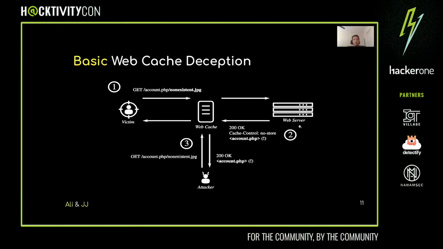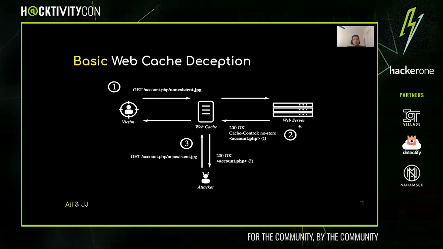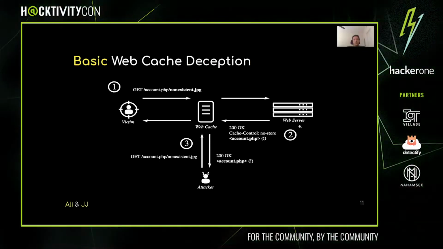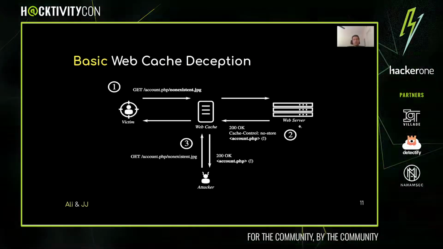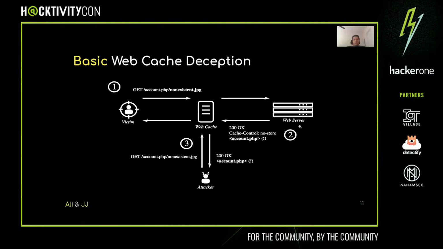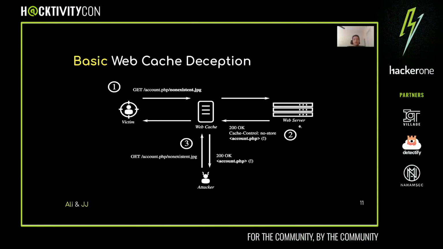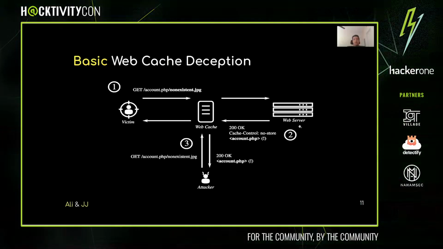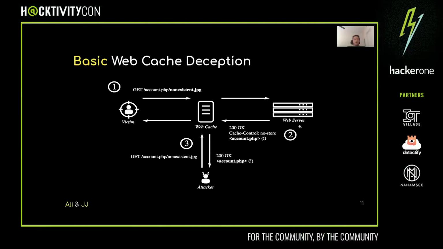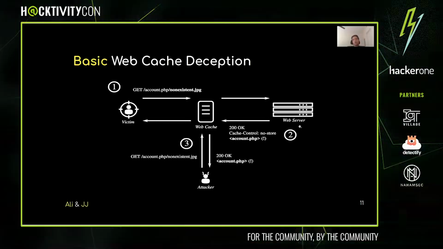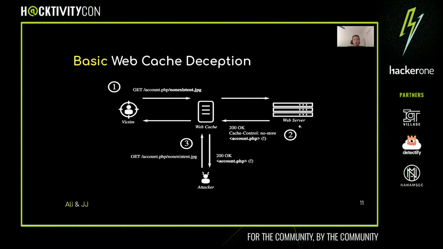applies rewrite rules, abstraction rules, to discard the non-existent part, or thinks that the non-existent part is a parameter of the request object. As a result, the server sends back a success response, but actually includes the content of account.php, which contains private, sensitive information about the victim's account.